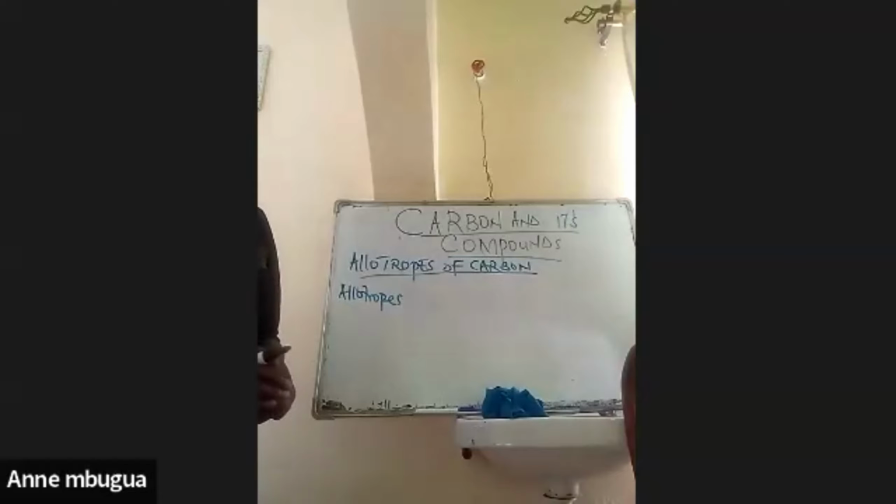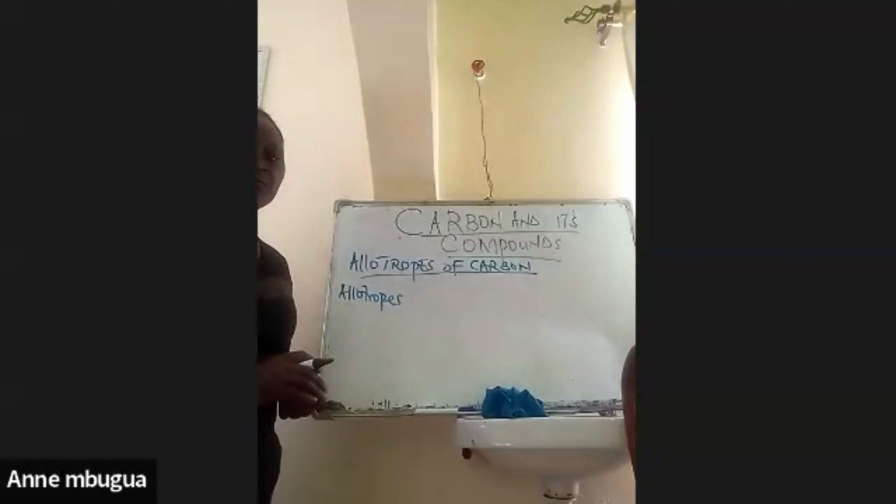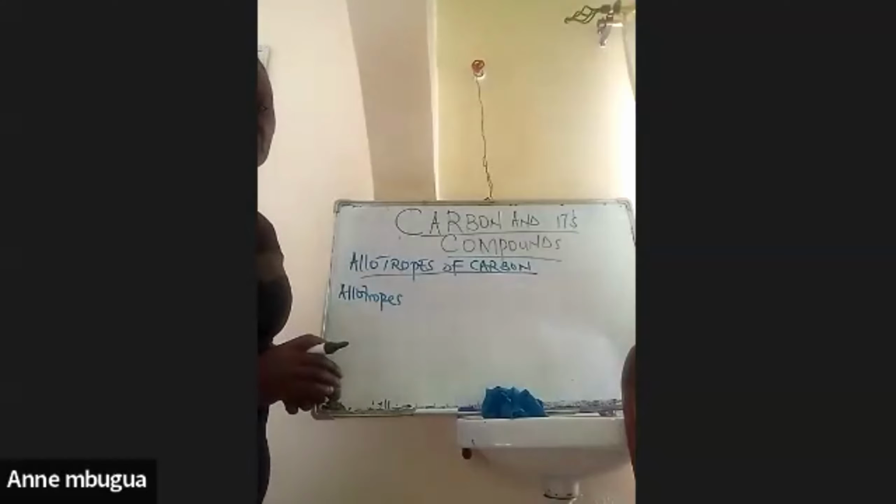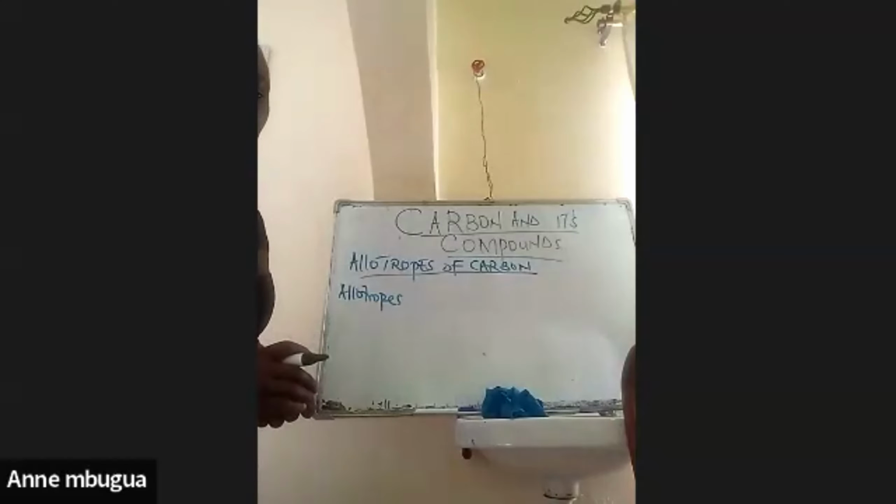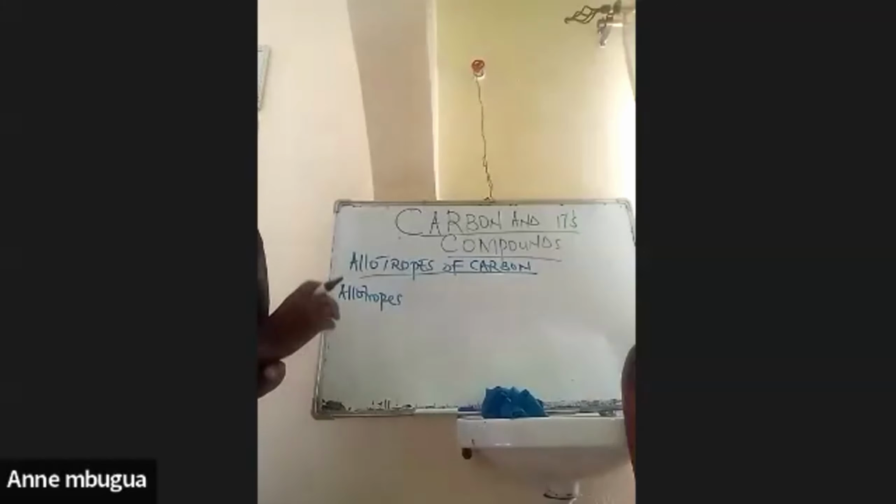We start with allotropes. Allotropes are the different forms of a substance in the same physical state.